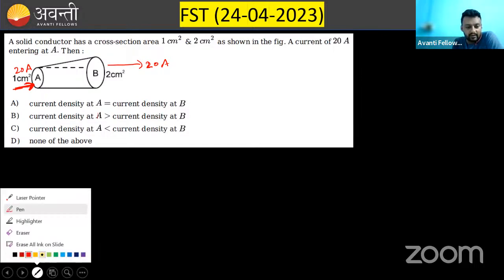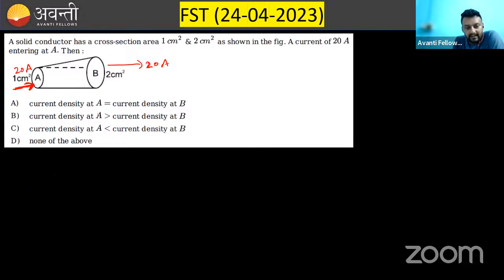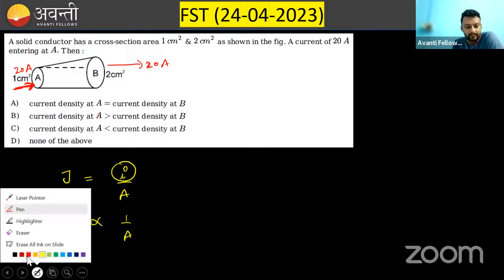Next, they are asking about current density. Current density, denoted by J, is equal to I over A, where A is the area of cross section and I is the current. Now current is constant, so J is reciprocal to A. Very good, Veena.